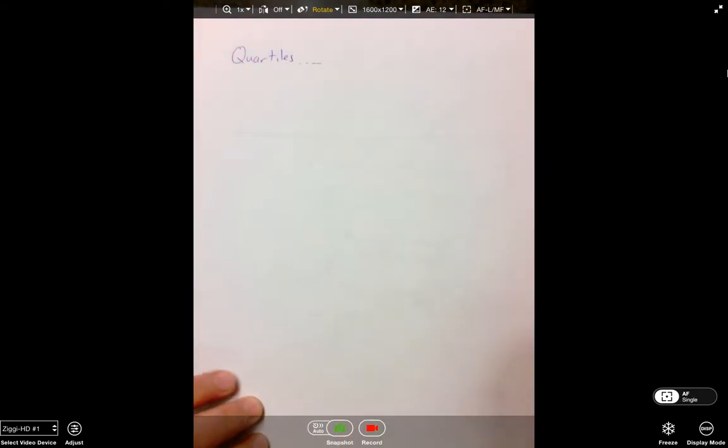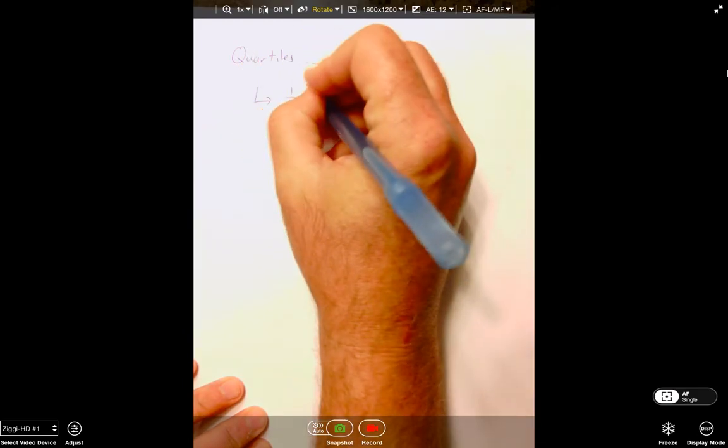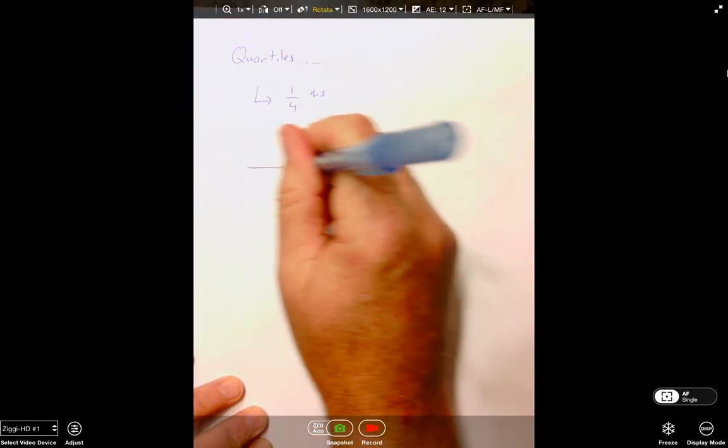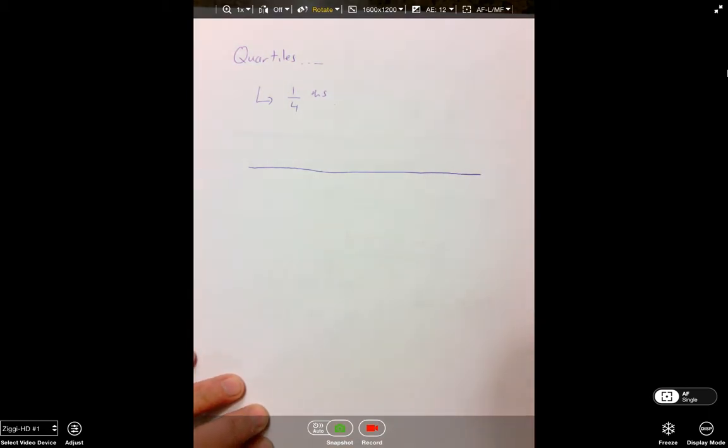And guys, just think about, what does the prefix of quartiles tell you? Tells you four, doesn't it? So guys, imagine if you had a board or a piece of string or whatever it may be, and you wanted to cut it into 4 equal pieces.